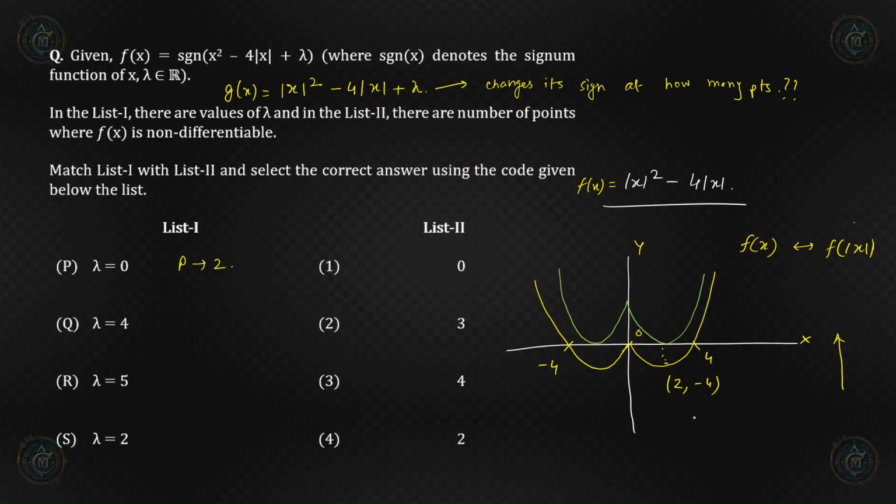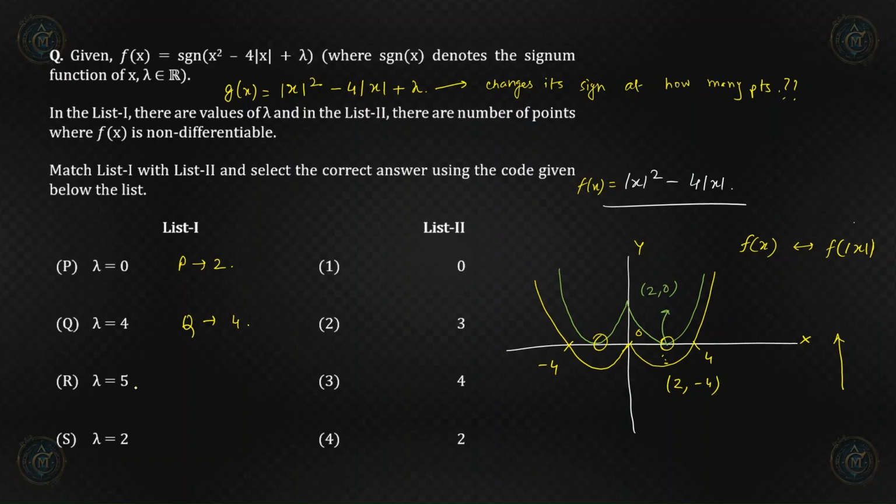As this point was previously 2 comma minus 4, the new point will be 2 comma 0, right? So how many points do we have here where the graph changes its sign? We have total this point and this point, right? So total 2 points. So this q matches with 4.